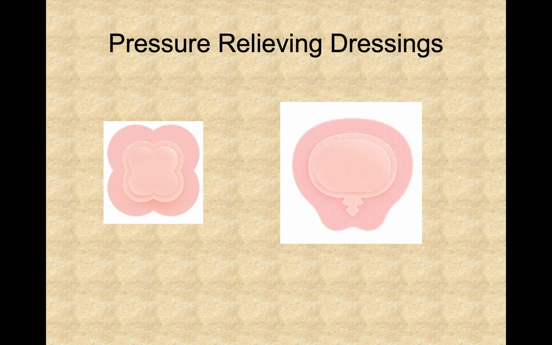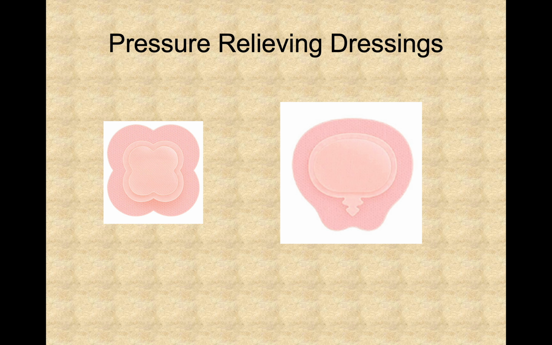We may have decided to place one of these dressings on someone's sacrum with the goal of no pressure ulcers developing. But if we never remove that dressing to assess the skin underneath, there could very well be a pressure ulcer developing, even though we've implemented this intervention as a means to prevent that.